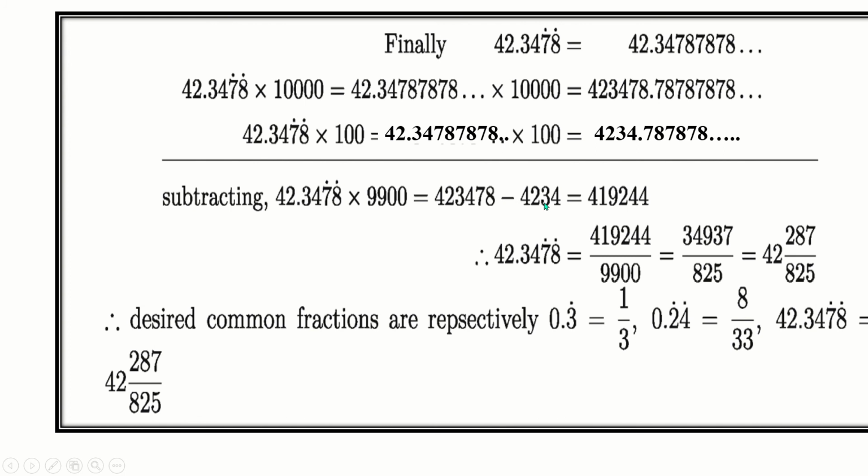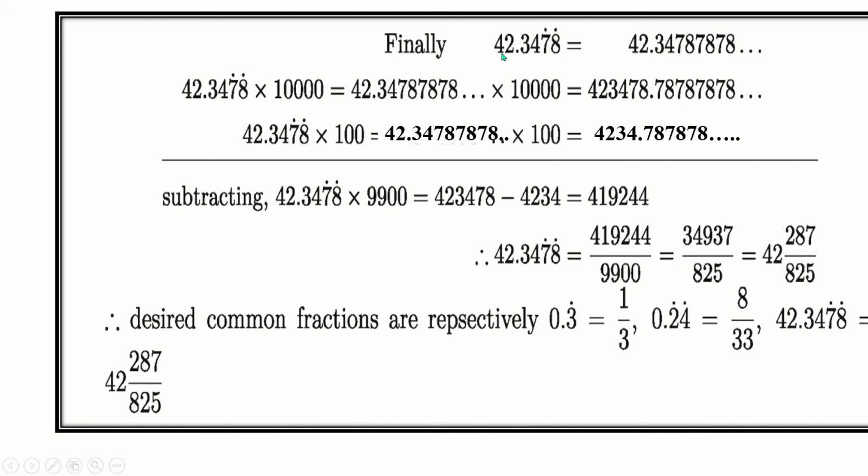After the decimal point it was the same, so we can directly do this minus this and get this. That means this equals this divided by 9900. Okay, as the given fraction is this, follow properly.